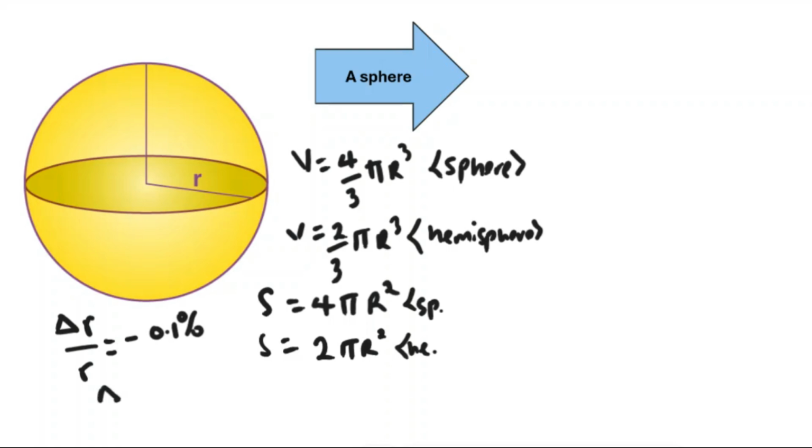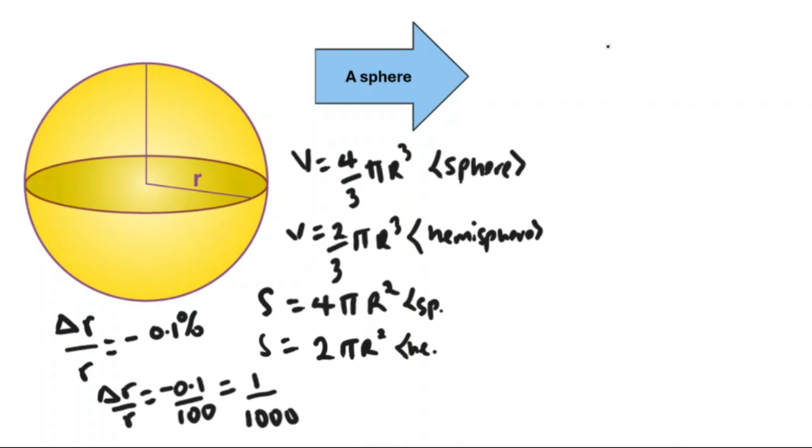So our change in r over r will give us minus 0.1 divided by 100. And minus 0.1 divided by 100 as a single fraction is automatically going to be minus 1 over 1000.